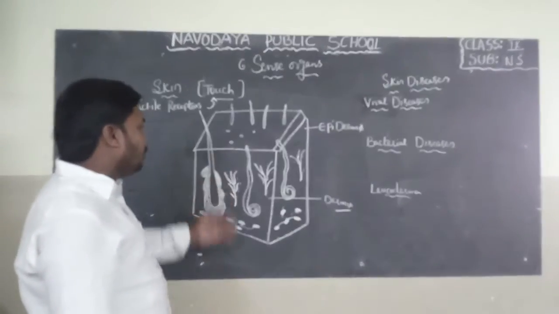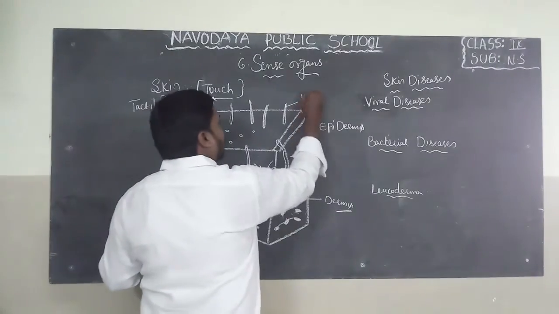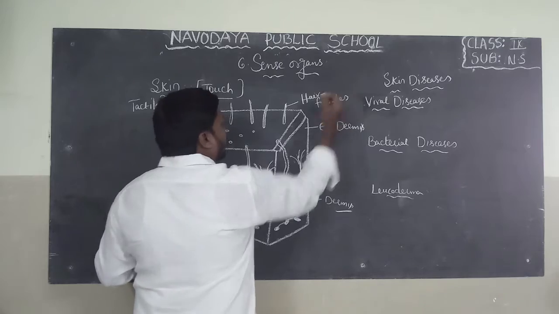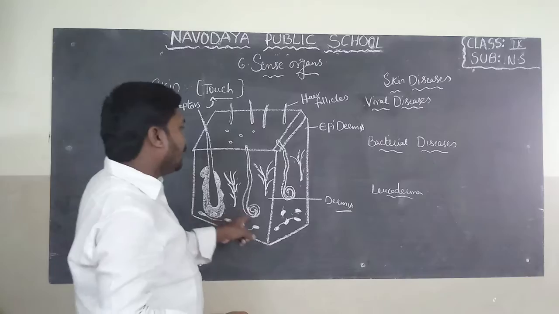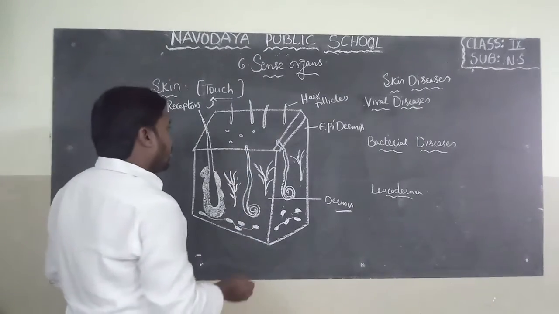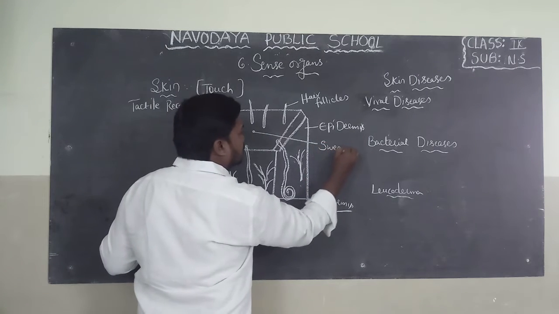If you observe skin, we can find different structures. This is called a hair follicle. We can find hair also coming from skin, in the epidermis layers. And these are called sweat pores.